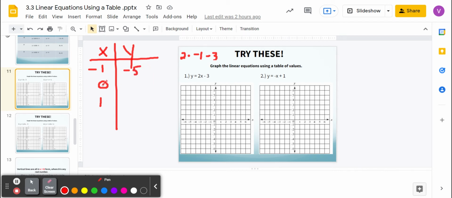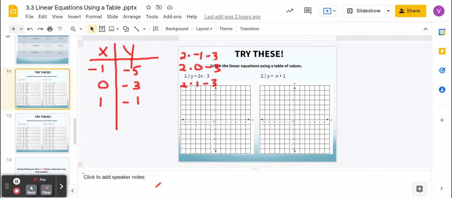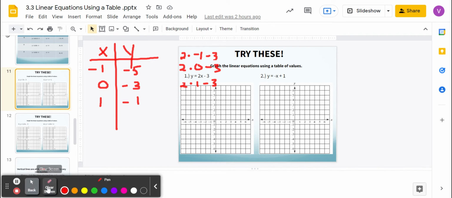All right, I'm going to do the same for 0. 2 times 0 minus 3. 2 times 0 is 0. 0 minus 3 is -3. All right, and then finally, x is going to be 1, so y is equal to 2 times 1 minus 3. 2 times 1 is 2. 2 minus 3 is -1. All right.